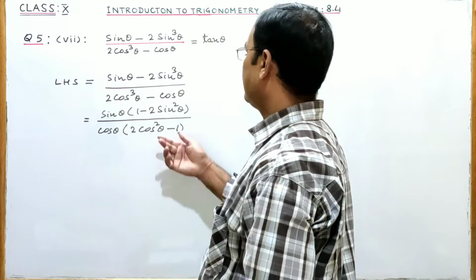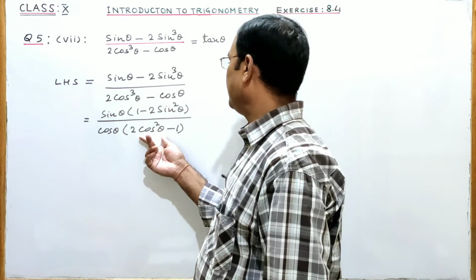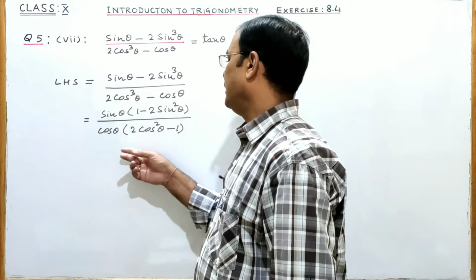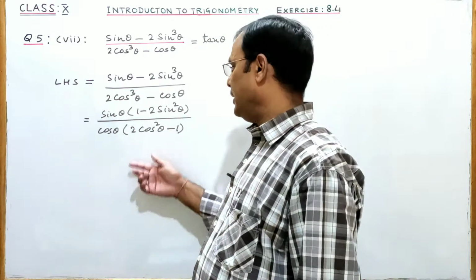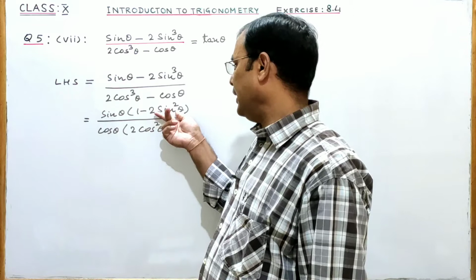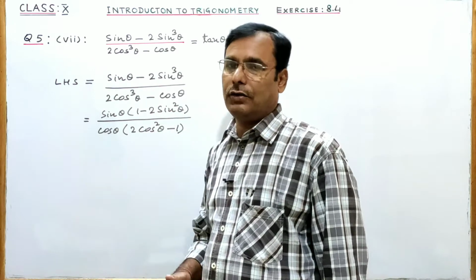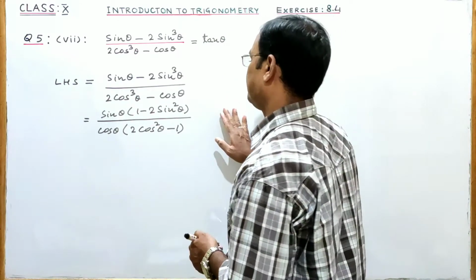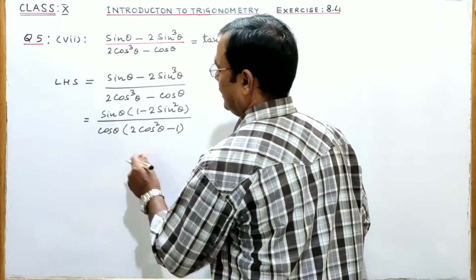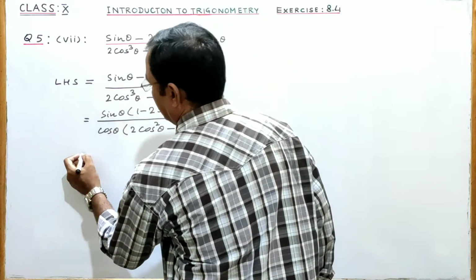Now 1 minus 2 sin square theta and 2 cos square theta minus 1, we have to manage them to cancel. And how we will do it? Sin square can be changed into cos square or cos square can be changed into sin square. So let us change sin square into cos square.